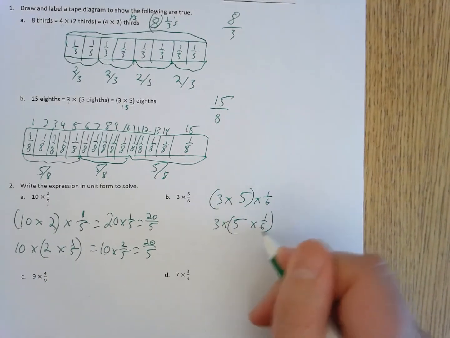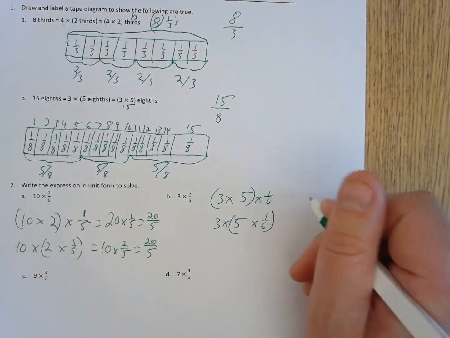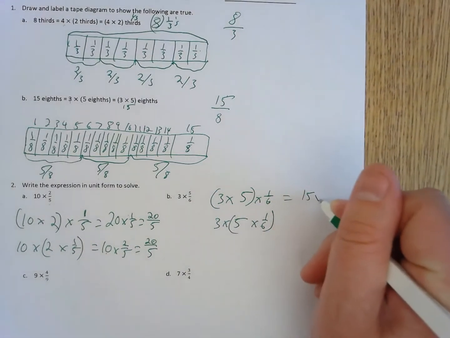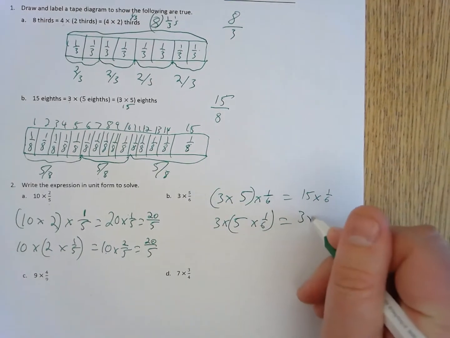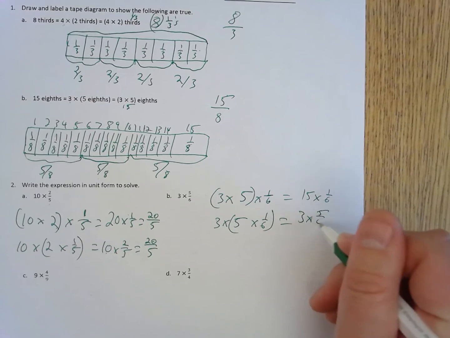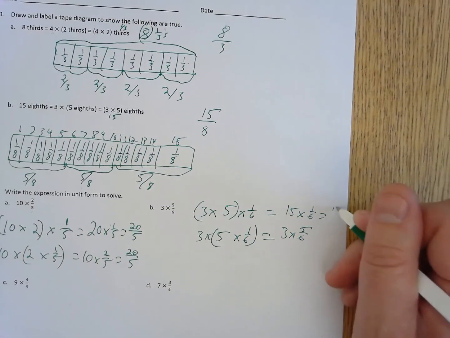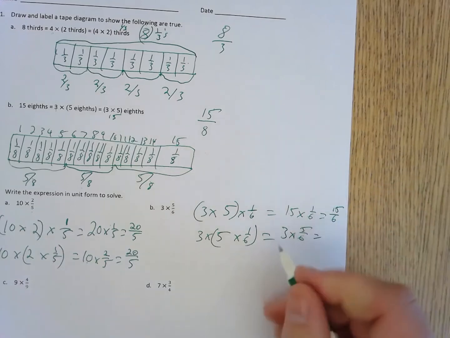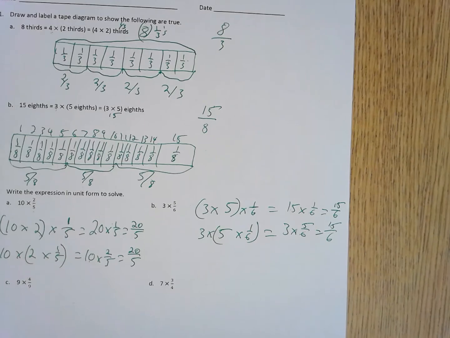So if we separate it, we're still going to get the same answer. So 3 times 5 equals 15 times 1/6, and then this is going to go back to our original problem. 3 times 5/6, and then 15 times 1, we have 15/6. 3 times 5 is 15/6. So again, we're getting the same answer.